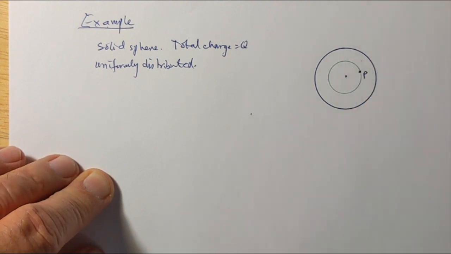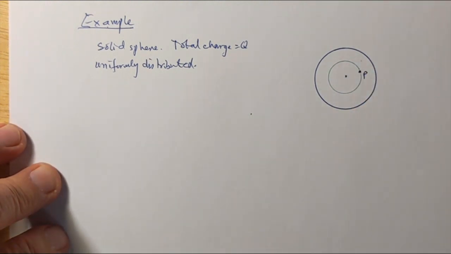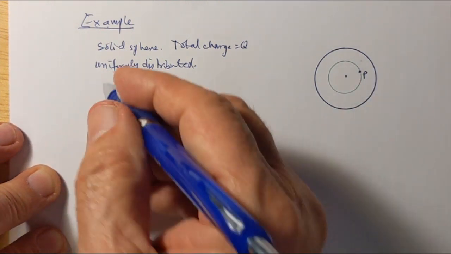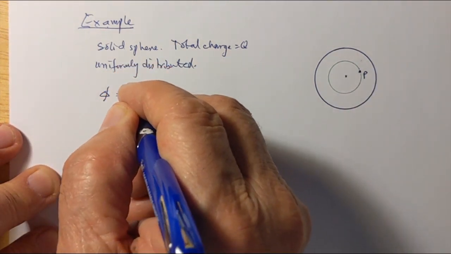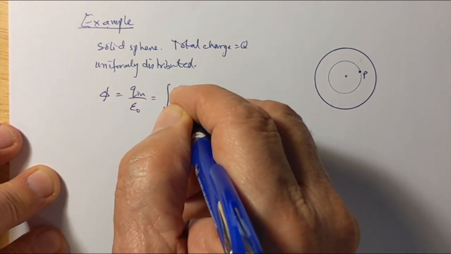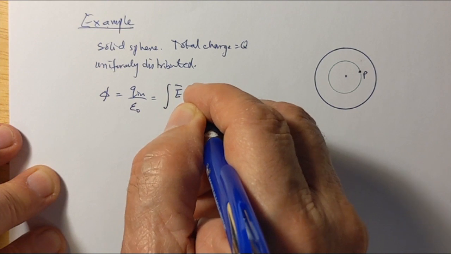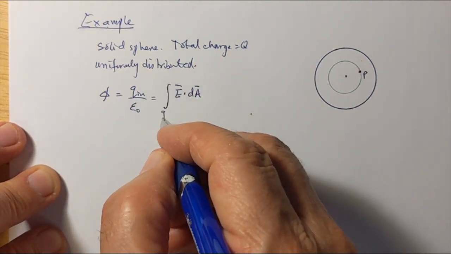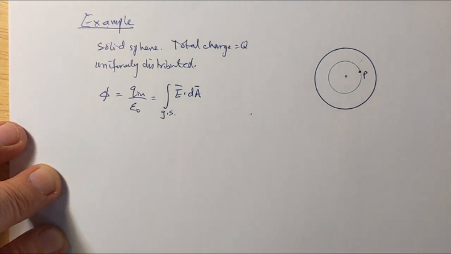That's the center of the sphere. So our Gaussian surface is now inside our sphere. And so we have the flux is q in over epsilon naught equals the integral of E dot dA, where we will apply this over the Gaussian surface.